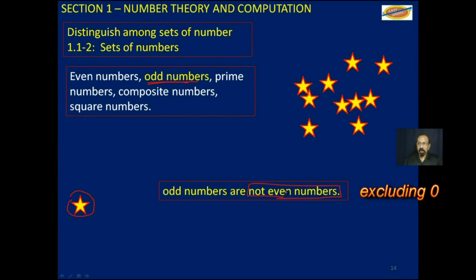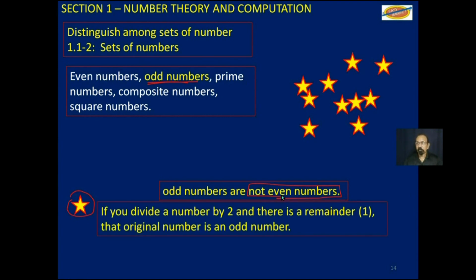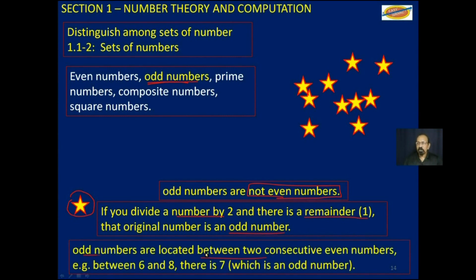It can be divided by 2 without a remainder, which means that any number that divided by 2 gives a remainder, which is 1, will be an odd number. If you divide a number by 2 and there is a remainder, which will always be 1, that original number is an odd number. So odd numbers are located between 2 consecutive even numbers. Example, between 6 and 8, there is 7, which is, of course, an odd number.